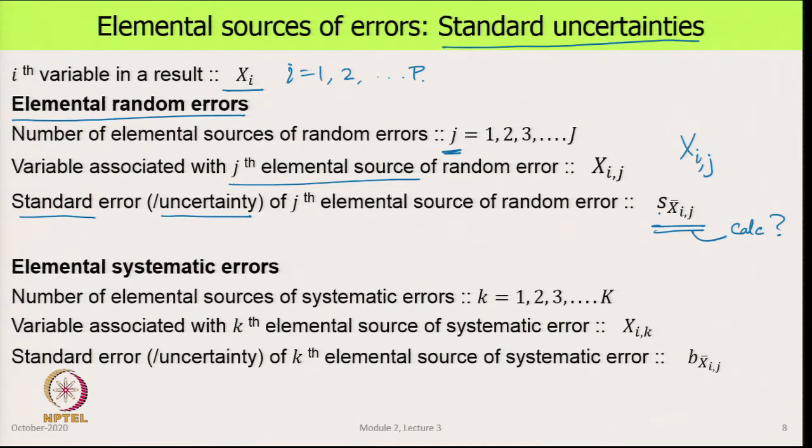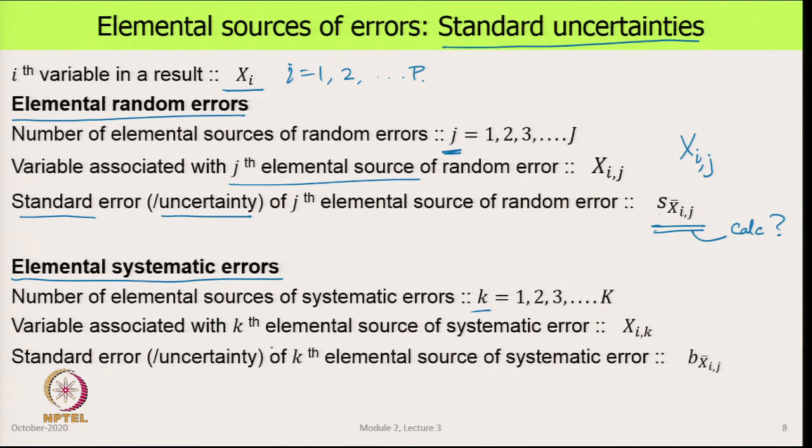It is telling you this is the standard error, the standard uncertainty in parameter xi, and is the jth source of elemental random error. So, that is one thing we get. Then we do the same thing with elemental systematic sources of error. The number of elemental sources of systematic errors we denote by lowercase k equal to 1, 2, 3 all the way to capital K.